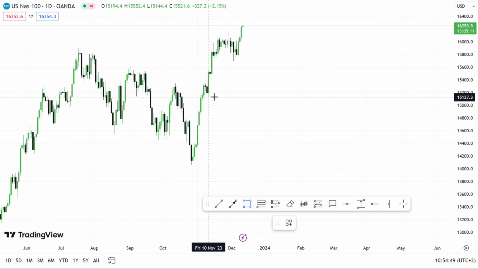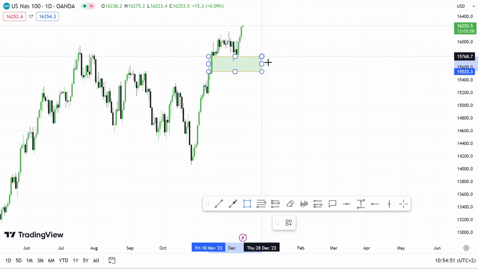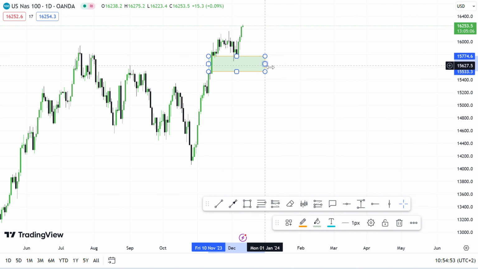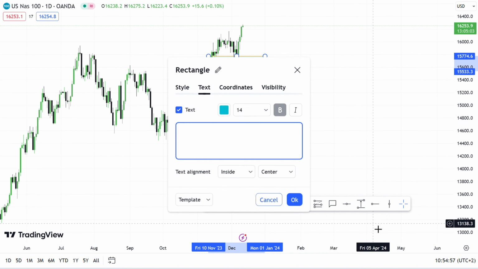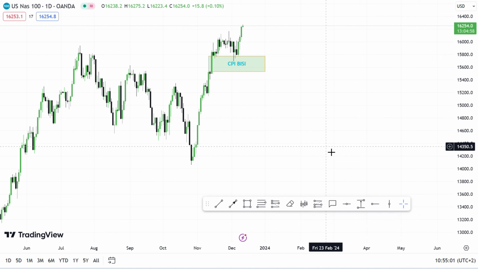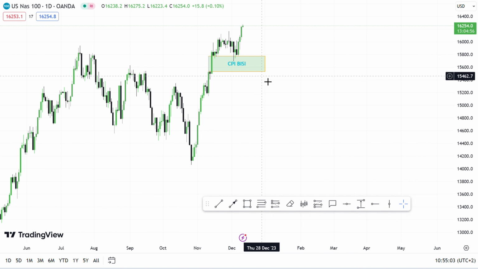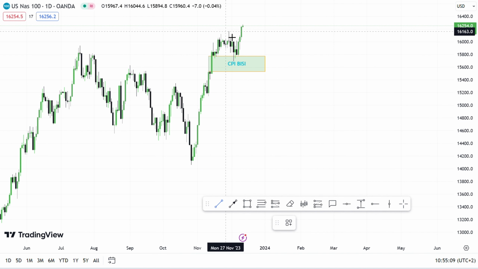So what do we have here? This was CPI, right? CPI last month, and today is also CPI. So CPI last month, CPI BISI. It left a huge fair value gap that we tested and used to initially break this high, right?